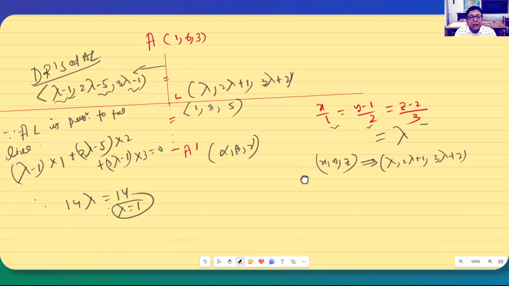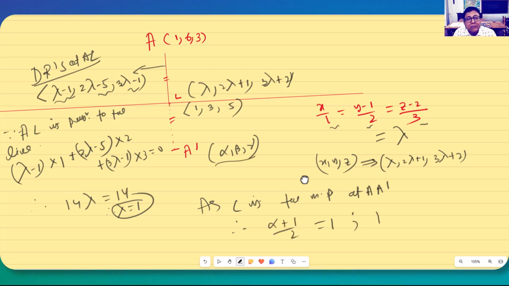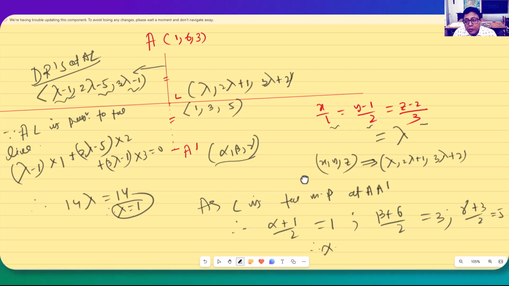L is the midpoint of AA dash. Therefore, alpha plus 1 by 2 equal to 1, beta plus 6 by 2 equal to 3, gamma plus 3 by 2 equal to 5. So alpha equal to 1, beta 0 and gamma is 7.